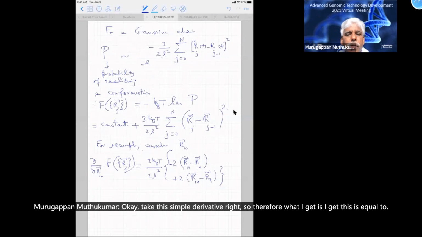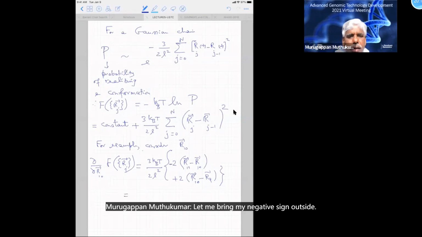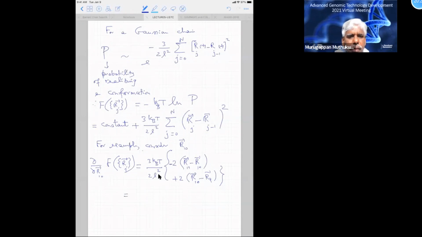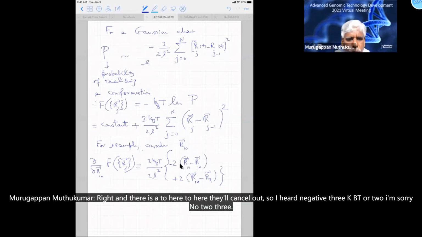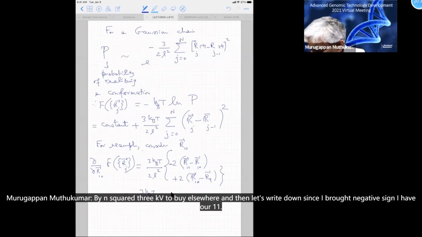So therefore, what I get is, let me bring my negative sign outside, right? And there is a 2 here, 2 here, they will cancel out. So I have negative 3 kBT by L squared.